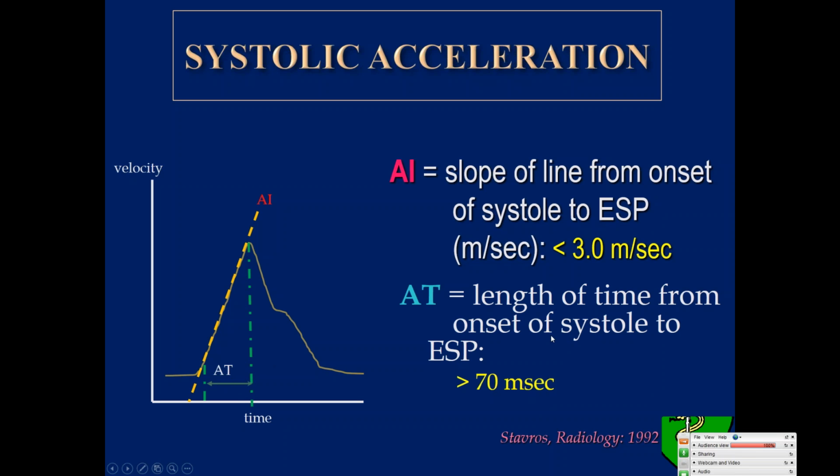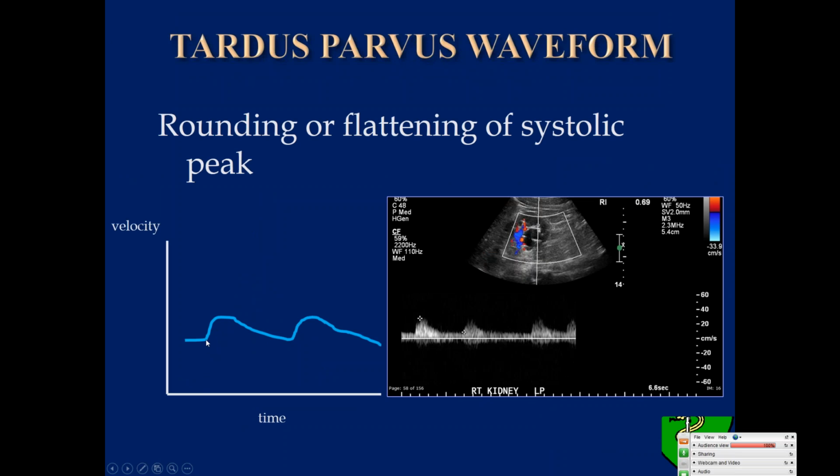So it's a length of time from onset of systole to the ESP. If it's greater than 70 milliseconds, then it's abnormal. And subjectively, we can just look at the waveforms. If we see that the waveforms are rounded and there is really no nice peak that is 90 degrees to the baseline on a graph, then we consider that this is a Tardus parvus waveform.